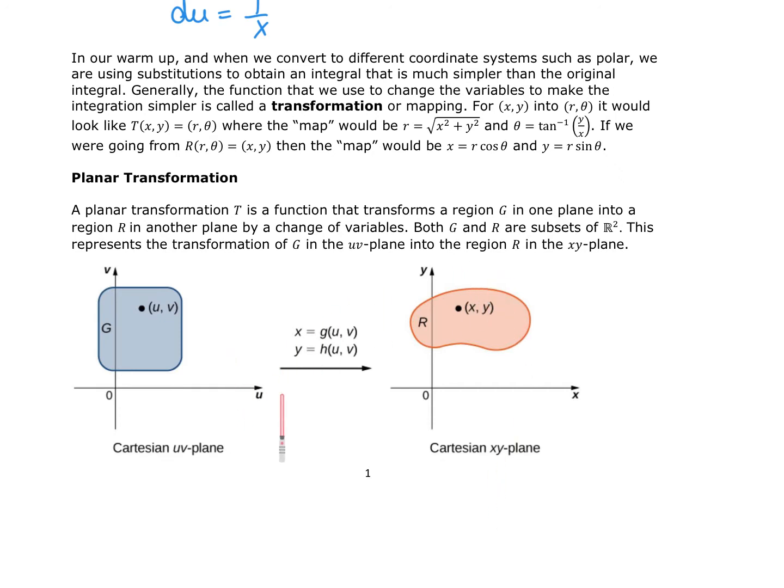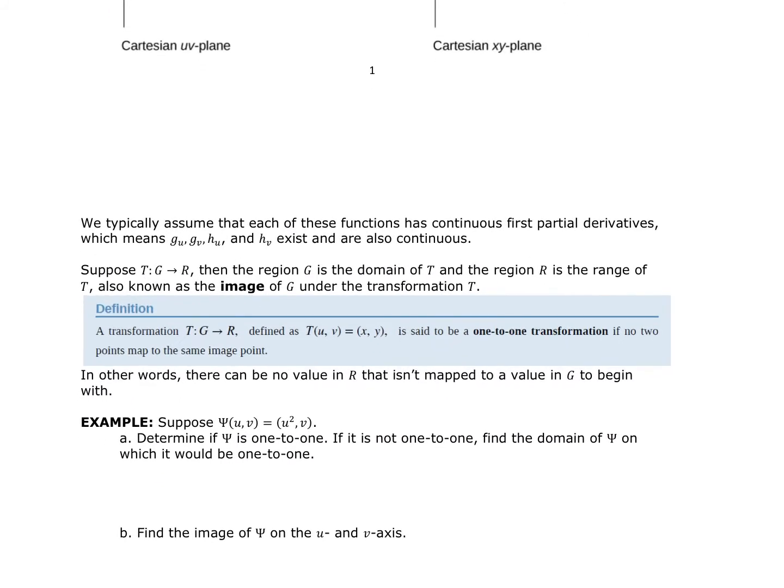And we're going to have some mapping that's going to change my u's and v's into x's and y's. Typically, we assume that these functions have continuous first partial derivatives, which means the partial derivative of g with respect to u, the partial derivative of g with respect to v, the partial derivative of h with respect to u, and the partial derivative of h with respect to v exist, and they're all continuous.